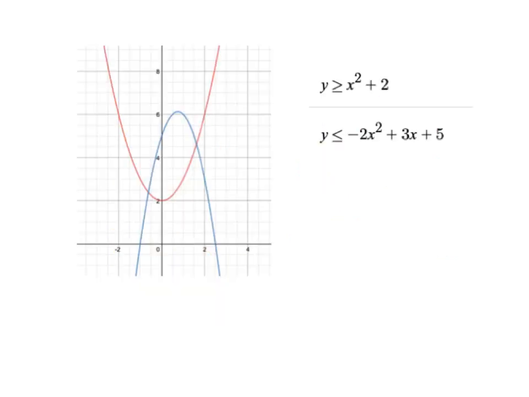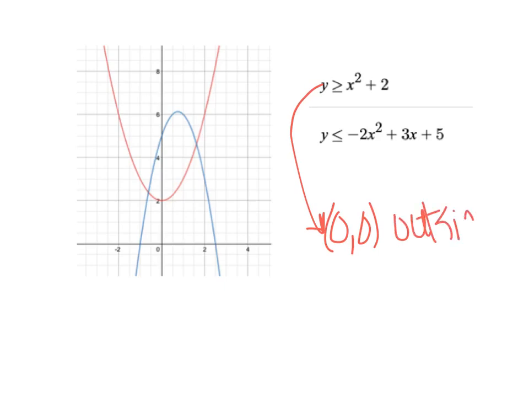Okay, on this one I have y is greater than or equal to x squared plus 2. That's the red one. And I have y is less than or equal to -2x squared plus 3x plus 5. So if I'm looking first at my top equation here, I'm going to check 0, 0. In red, the 0, 0 is on the outside. I'm looking at my red graph right now.